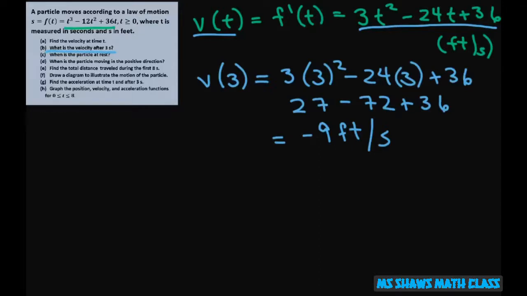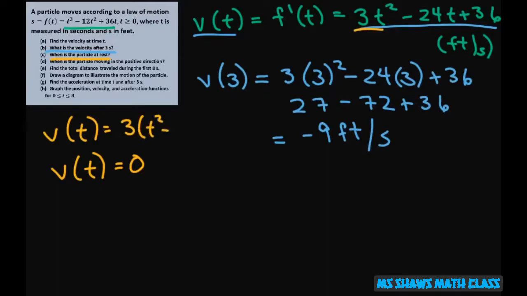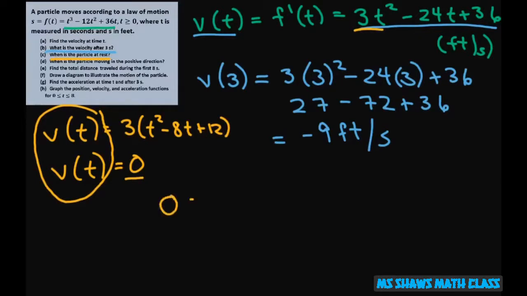Now what we want to do is, when is the particle at rest? When the particle is at rest, v of t should equal 0. We also have v of t equals, I'm going to go ahead and factor out a 3, so that would be 3 times t squared minus 8t plus 12. Since these two are the same, because we want it at rest, set it equal to each other.